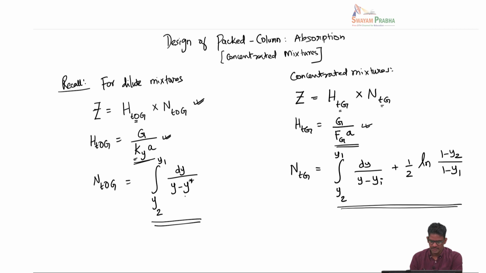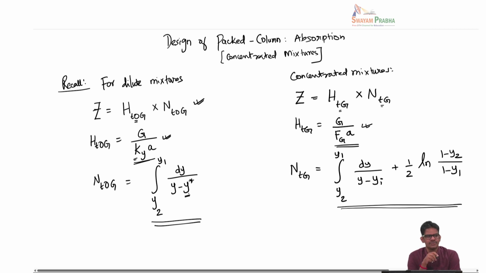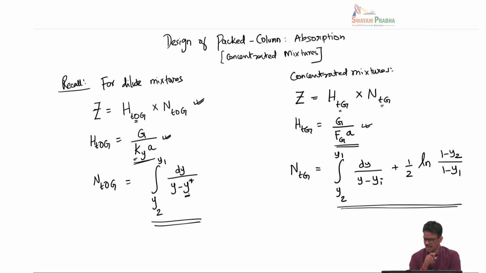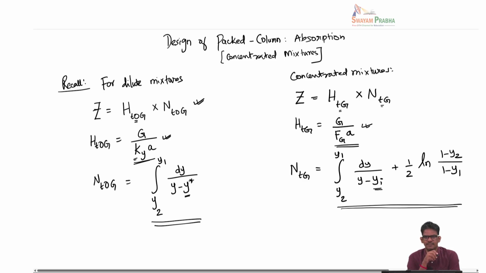Well, in the case of dilute mixture, we use the driving force with respect to the equilibrium concentration, which is y star, whereas in the concentrated mixture we will be using the interfacial concentration itself, okay, with respect to the local coefficient.